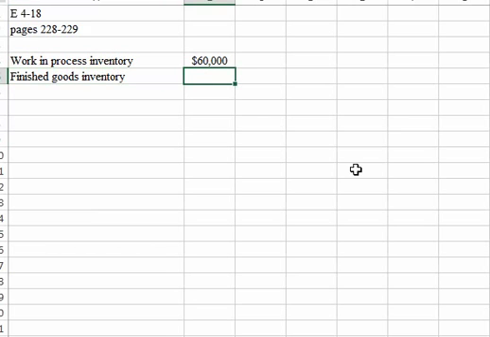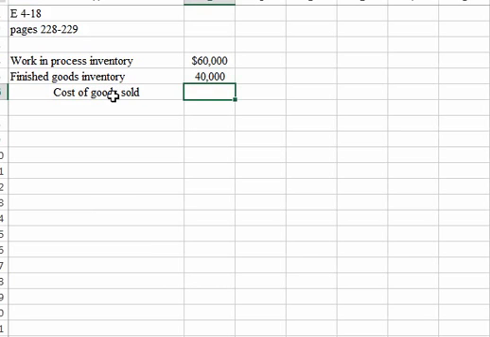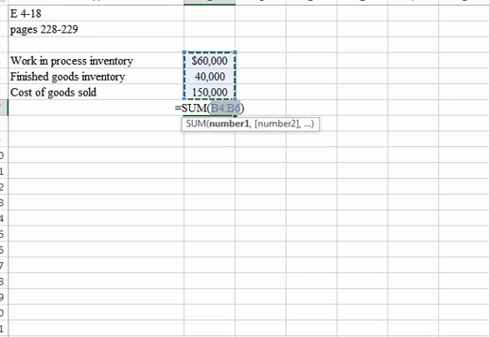Our finished goods inventory, the balance is $40,000. And then for cost of goods sold, the balance at the end of the year was $150,000. Now that's a total of $250,000.